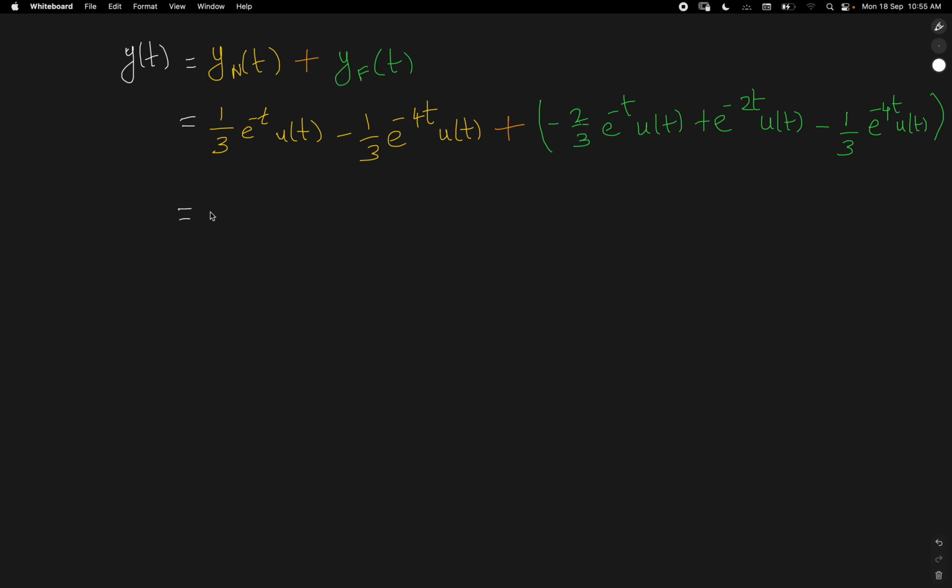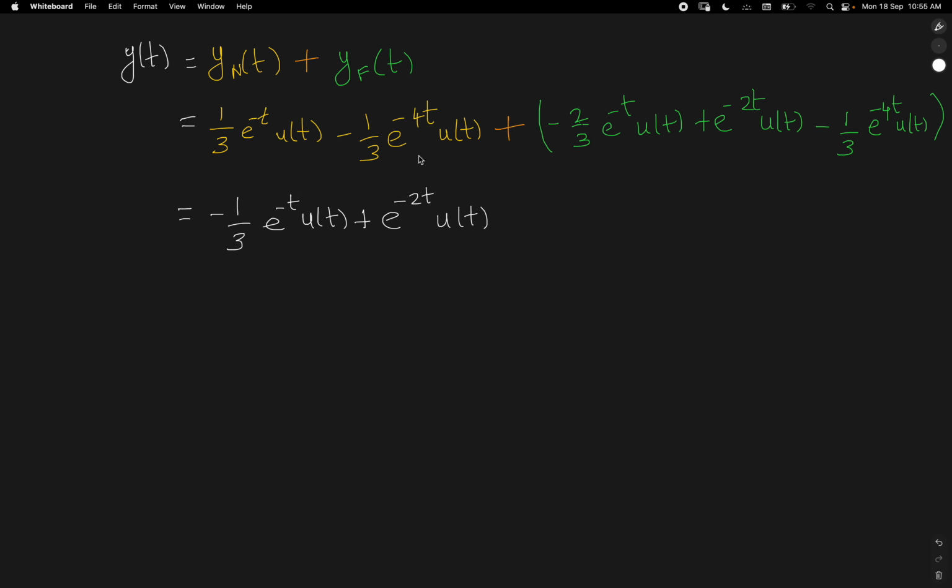If we add them together, we get −1/3. So the sum of these two terms is −1/3 e^(−t) u(t). Then we check the e^(−2t) term. It is available in the forced response and not in the natural response, so we just take that term as it is: e^(−2t) u(t).